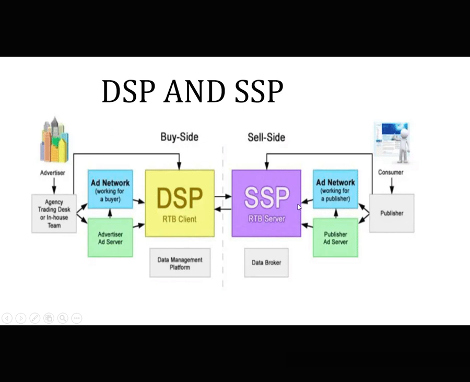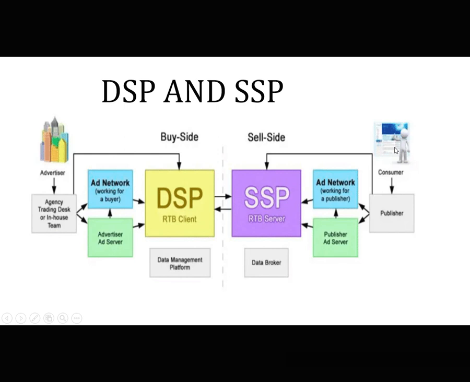Then the DSP is directly connected to the supply side platform, which is connected to the ad network working for the publisher, and which is also connected to the publisher's ad server, the SSP RTB server, and this is connected to the publisher. And through this sell side, the DSP executes its buy side activities and the ads are shown to the consumer.